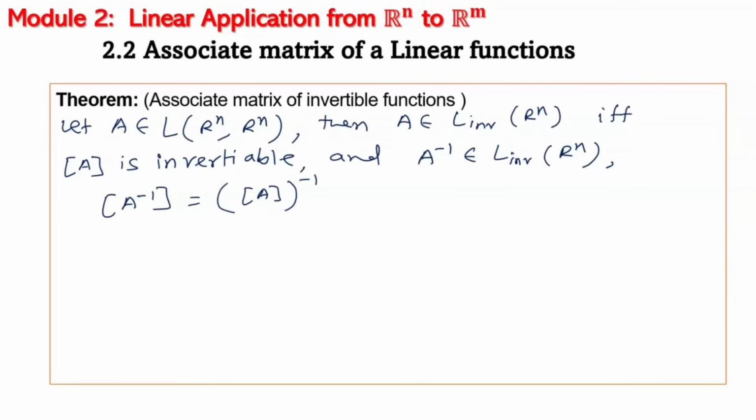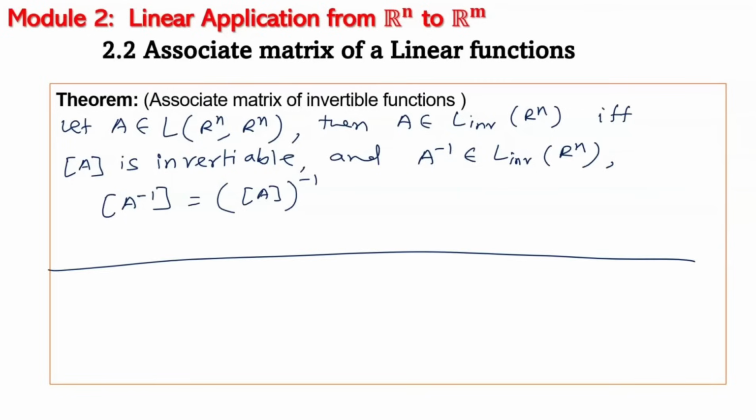Okay, so we know that A has an inverse if and only if A is bijective. Therefore, the matrix form is also invertible if the determinant of A is not equal to 0.